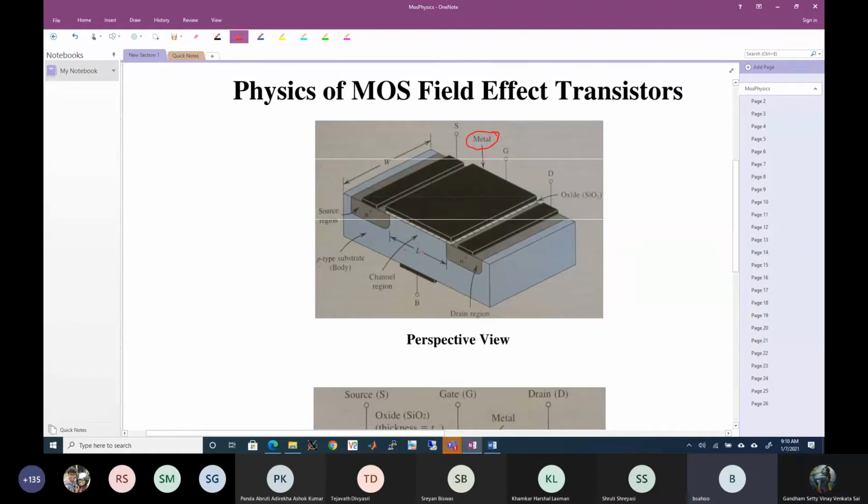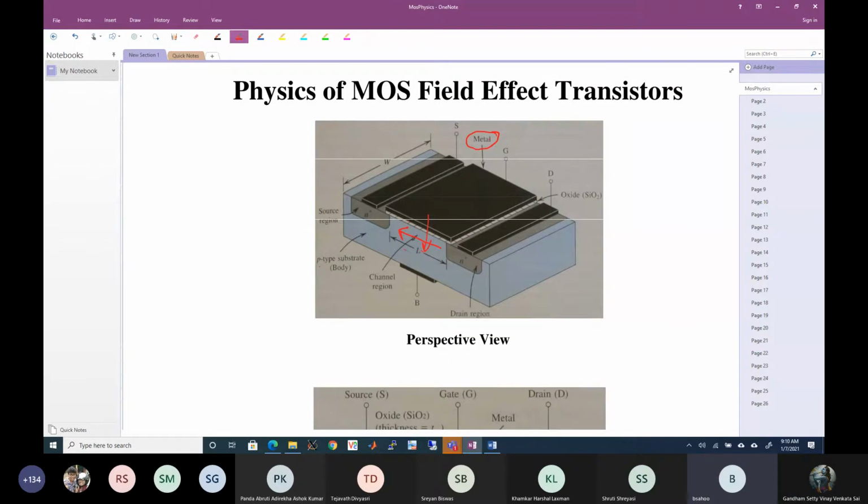In case of MOSFET, there are two fields. One we call the vertical field, and the other is called the lateral field. These two fields cause the characteristic of the MOSFET.